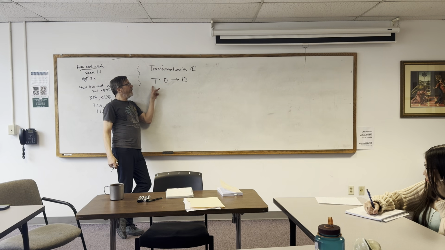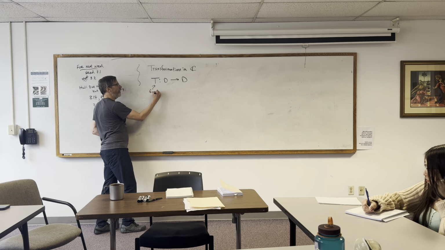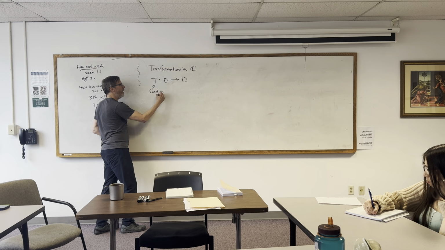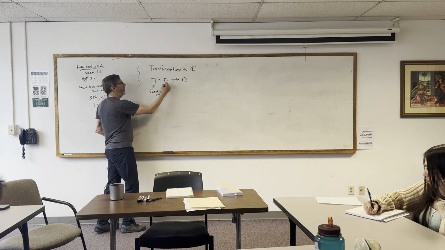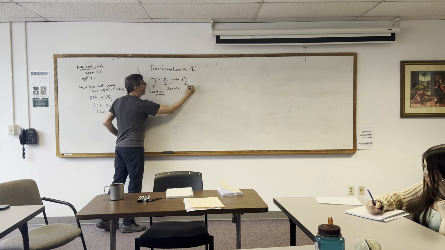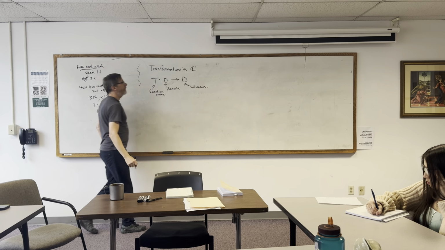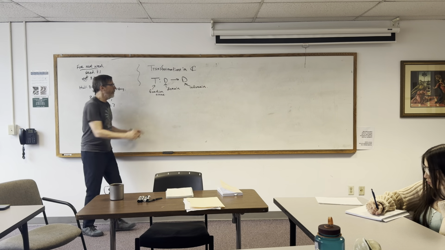This is describing a function. So this is the name of a function. I'm just going to go very basic. Function name here. This is the domain. This is called the codomain. This is the collection of inputs.